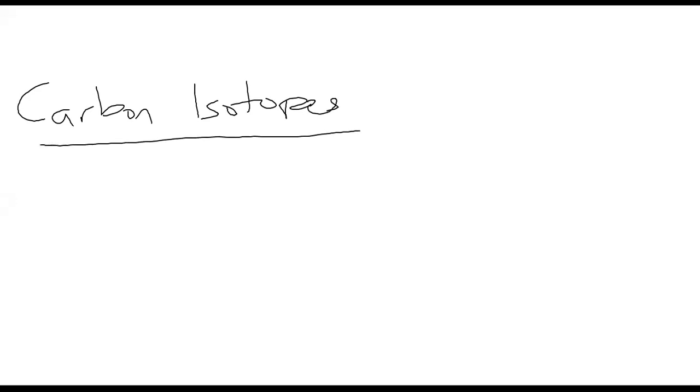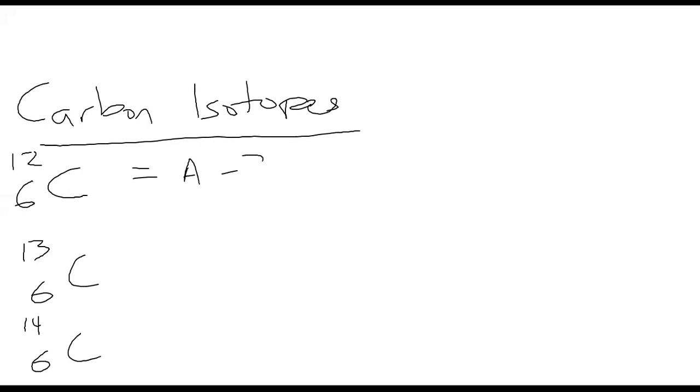We're going to do our next one for you to understand. So there are carbon isotopes. You have C12, which is 12,6. Then you have C13, which is 13,6, and then C14. For the first, A minus Z is 12 minus 6, so you have 6 neutrons.